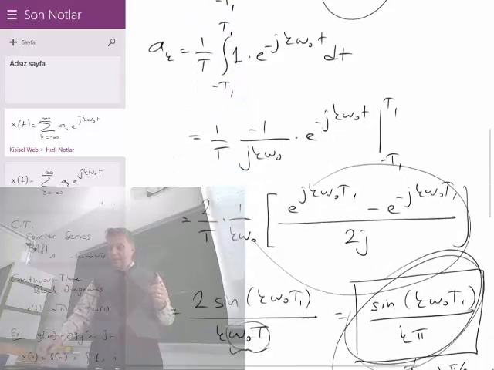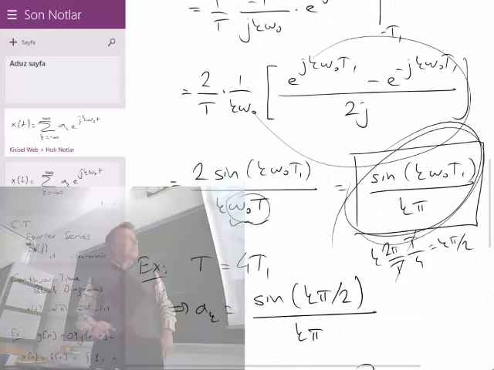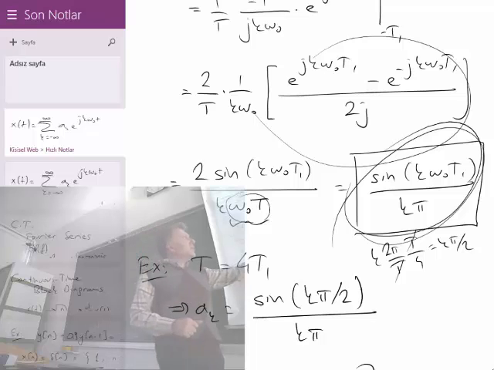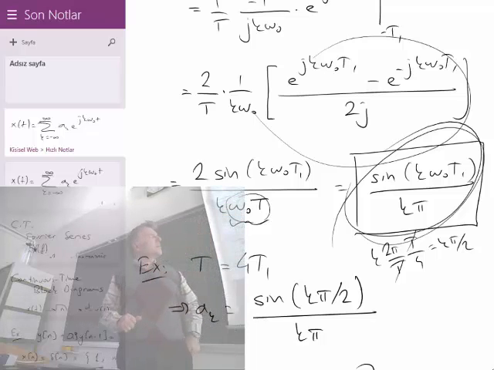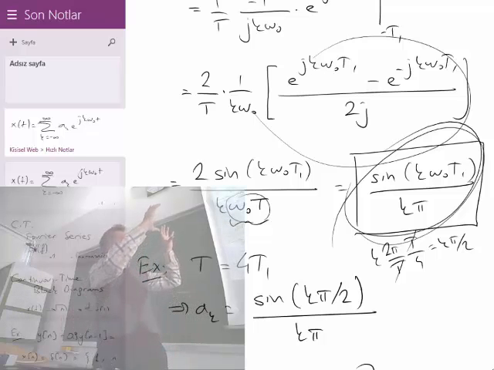And that's amazing. And what is even more amazing is that, just take a look at this a_k expression, sine(k omega_0 t1) divided by k pi. The numerator is a sinusoid, so its magnitude is bounded between -1 and 1.